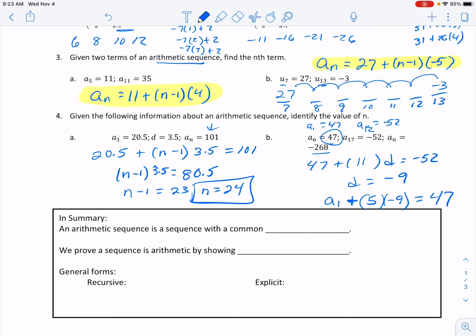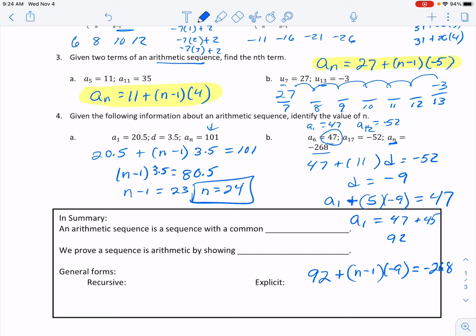So I'm going to use this to find the first term, because I need A1 to find n. Man, oh man. Is this making any sense? So this is A1 equals 47 plus 45. So 47 plus 45 is 92. Now to find what value n is, I have 92 plus n minus 1 times negative 9 equals negative 268.